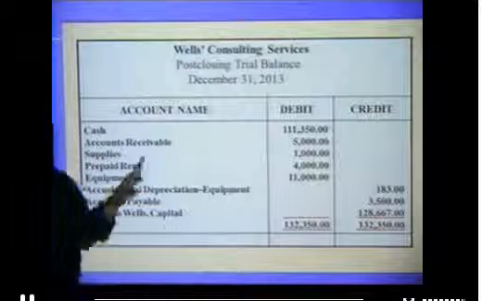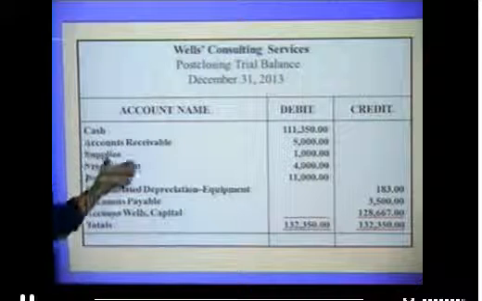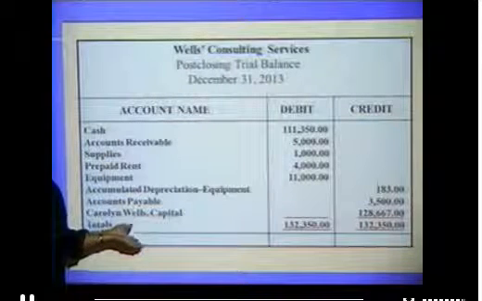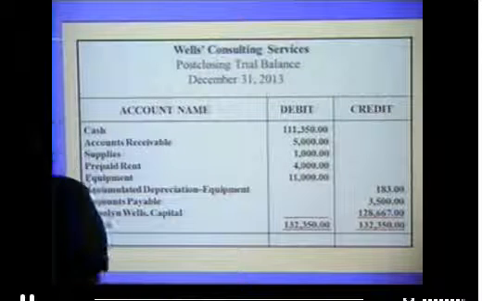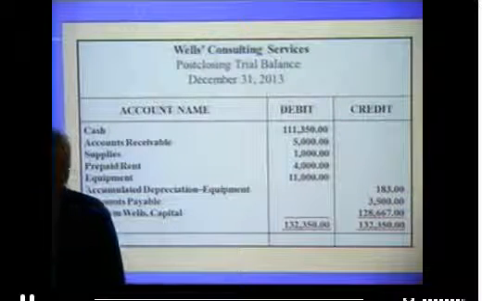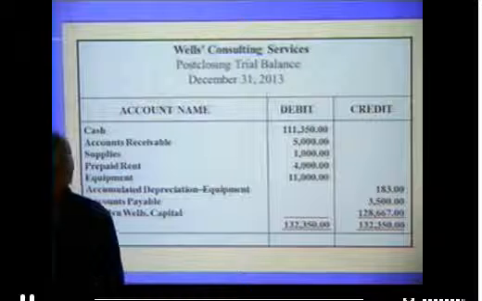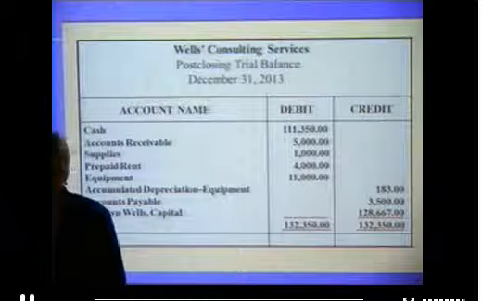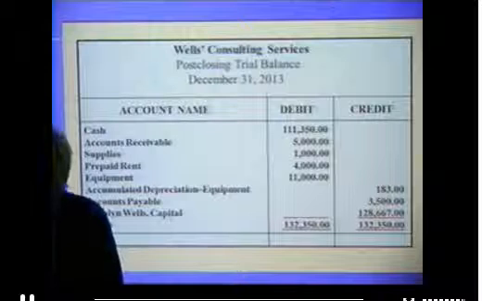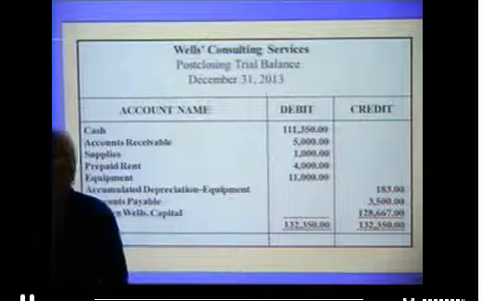And the only accounts that should have a balance after you've closed are your permanent accounts, which are your assets, liabilities, and owner's equity. And we're ready to start a new accounting period. So you do your post-closing trial balance just to be sure you're ready to start the next period with correct numbers.